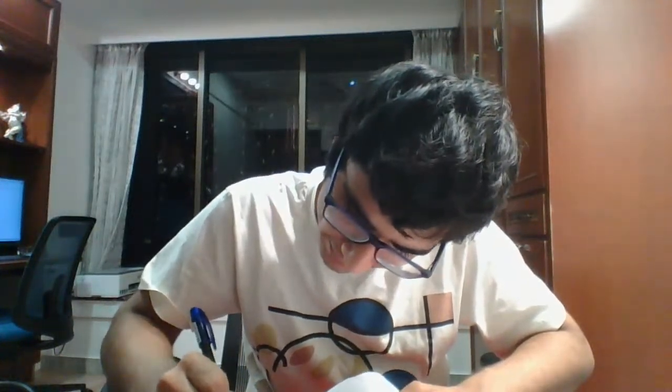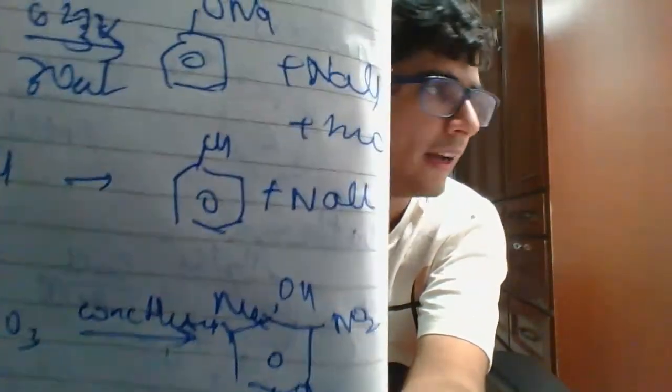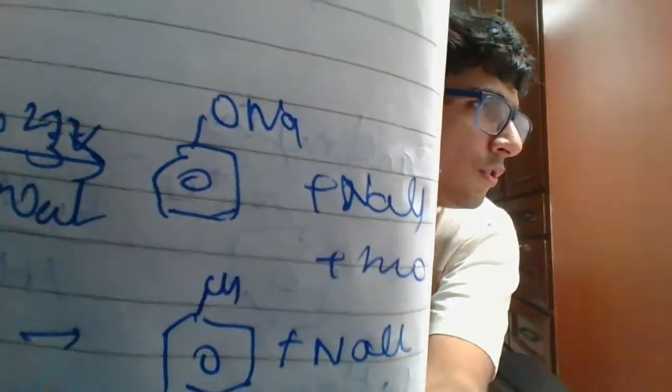So phenol plus 3 conc HNO3 in the presence of conc H2SO4, you get phenol with three NO2 groups plus 3 H2O, which is picric acid. NO2 at positions 2,4,6, so trinitrophenol. That's it.